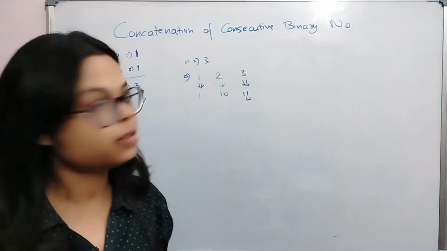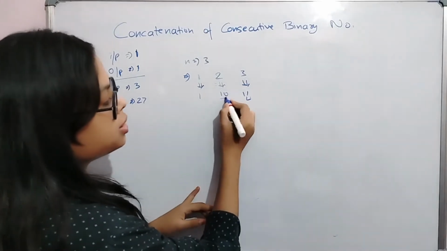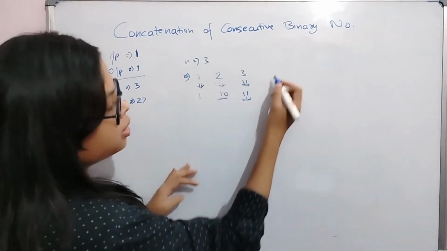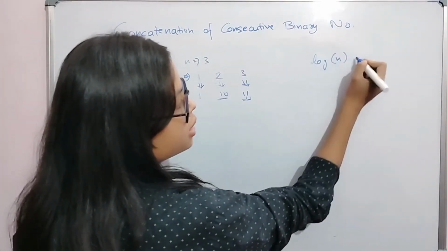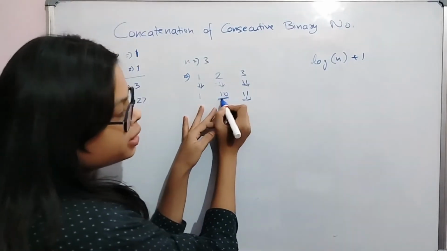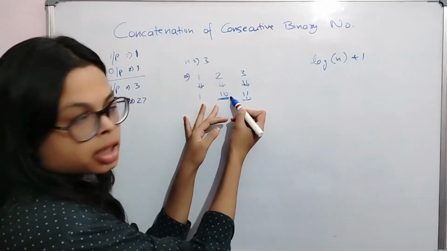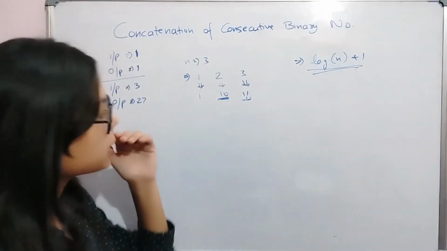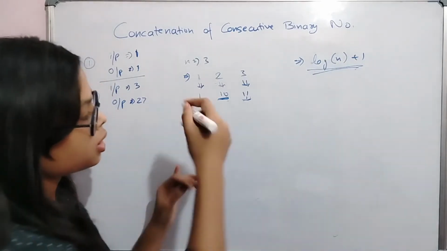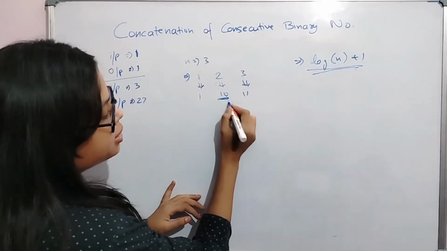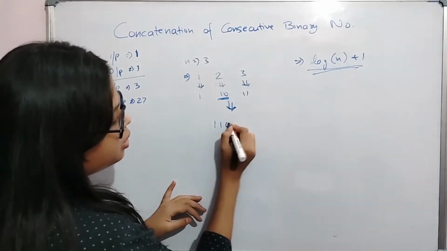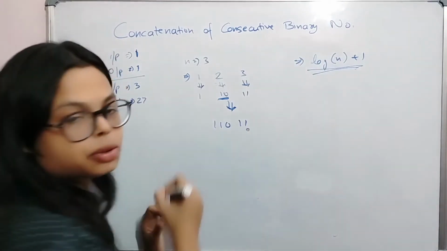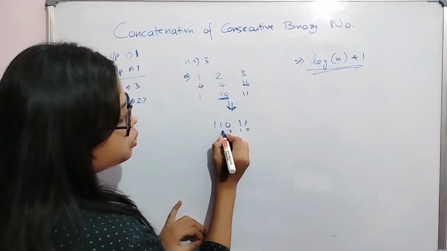So what if I somehow get to know the length of the binary string, which will be nothing but log of n plus 1. So in the binary representation, the length will be this number, which is a constant time, right? Now, in binary the number will be 11011, and we know that indexing starts from 0, so the indexing will be 0 1 2 3 4.